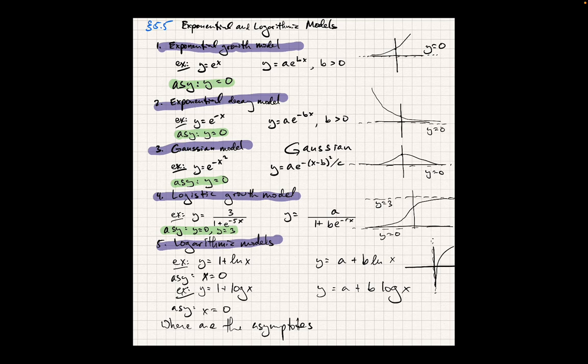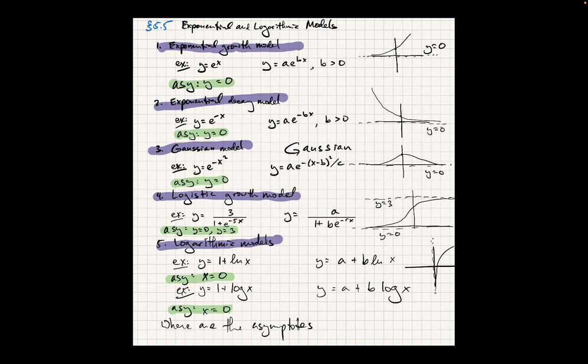So we don't definitively know which model we're going to end up using, but we can narrow it down quite a bit. If we have y equals 0 as an asymptote, what possible exponential or logarithmic models could we be using?